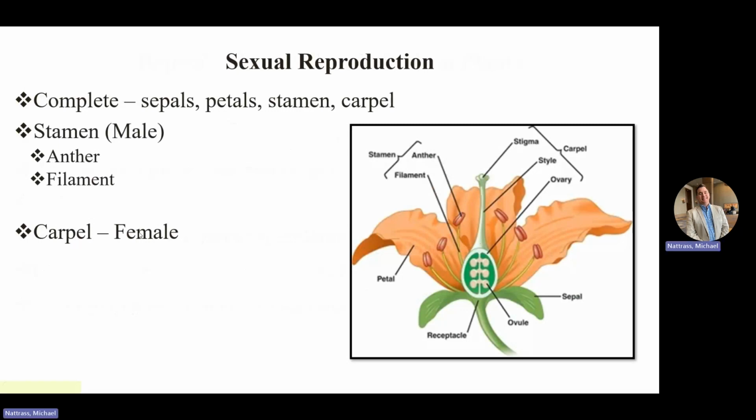They're both the same thing. And in that carpel or pistil, we have the stigma, the style, the ovary, and then the ovule.